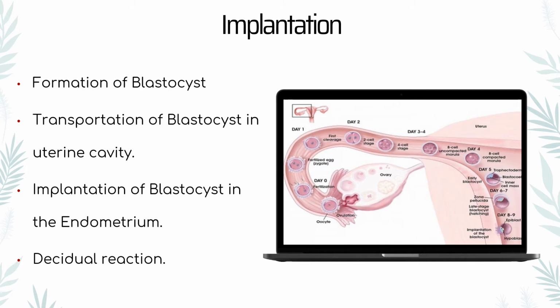So the stored glycogen and the lipids are the main source of nutrients for the embryo till the placenta takes up this function. This change in the stroma cell is called the decidual reaction. The stored glycogen is the source of nutrition for the embryo.